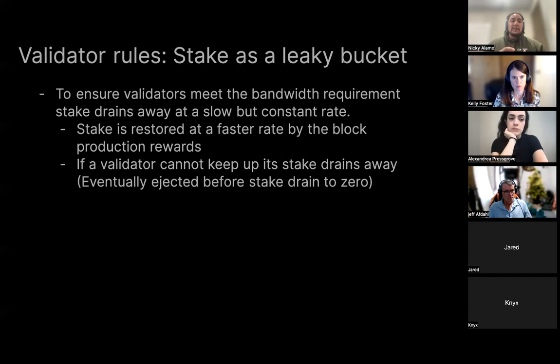But the way we incentivize this is that by participating in the network and by each validator contributing to validation and block creation, you're given a reward for each one of those validations, and there's enough to offset the actual leaky bucket.